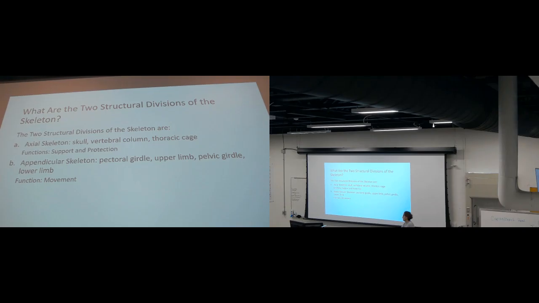So we will be looking at more of these when we explore the whole skeleton. Now, as a reminder, the axial skeleton is found in the central part of the body, and it is made by the bones of the skull, vertebral column, and thoracic cage. The functions of this axial skeleton are to support and protect.